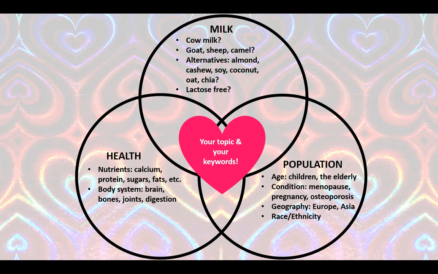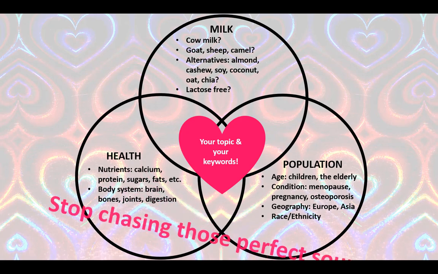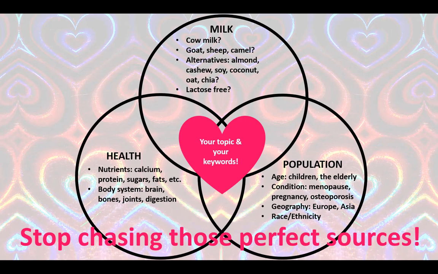Students often want to find absolutely perfect sources that answer their research questions completely, or at least cover all of the different components of their topic. They get frustrated and think they can't use a source because it only addresses 1 or 2 of the different subtopics. I'm here to tell you that you can stop chasing those perfect sources.